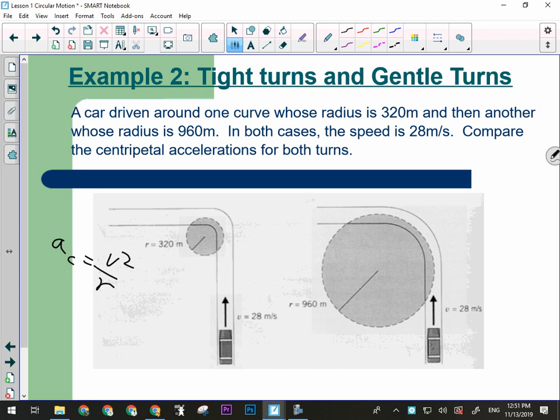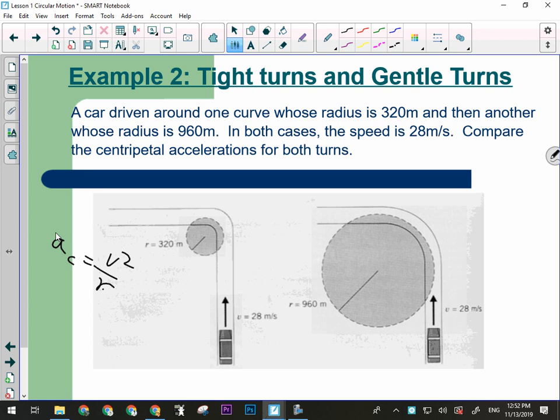Exponentially. Okay. An increase in radius will cause the centripetal acceleration to decrease linearly because r is not squared. Okay? So if I double my radius, what should happen to my centripetal acceleration? It will be cut in half. Right? This is an inversely linear relationship. The bigger r is, the smaller a_c is.